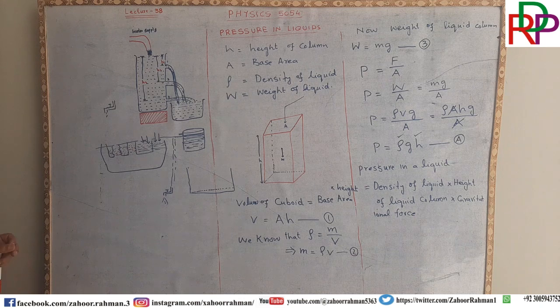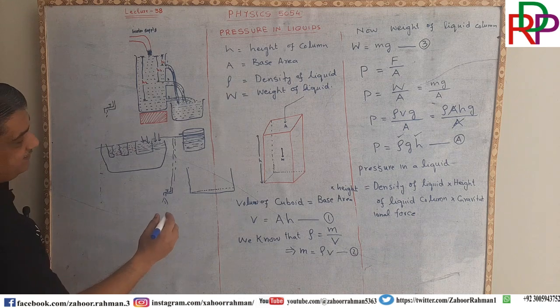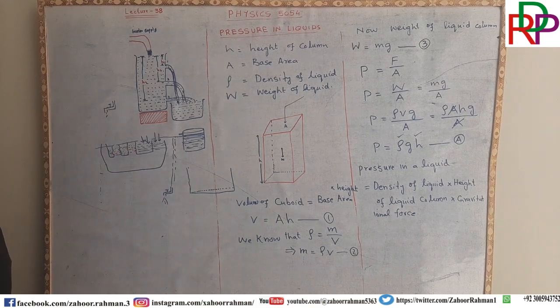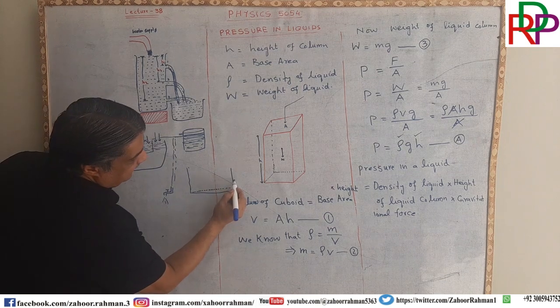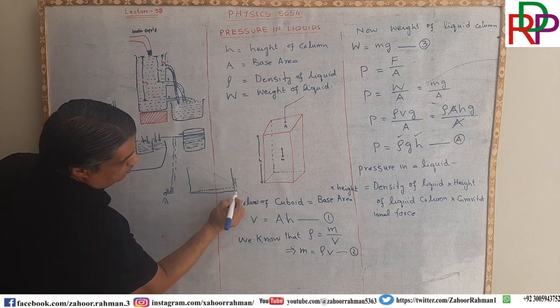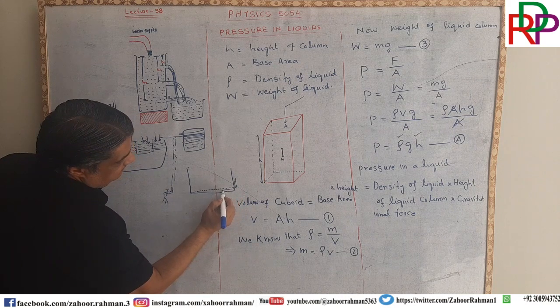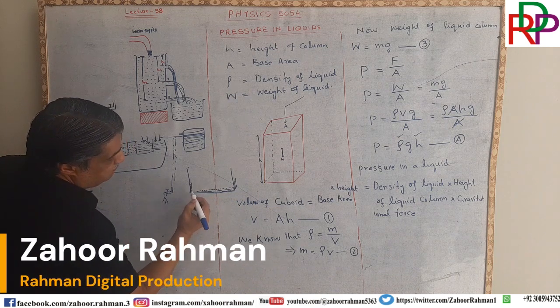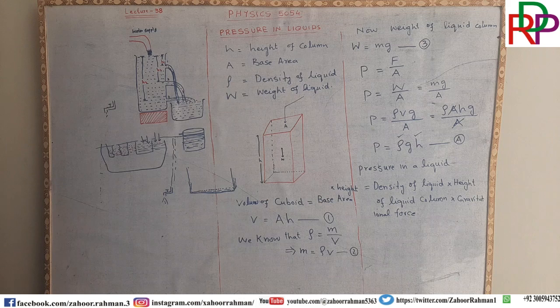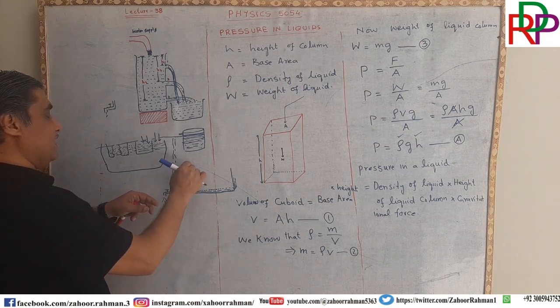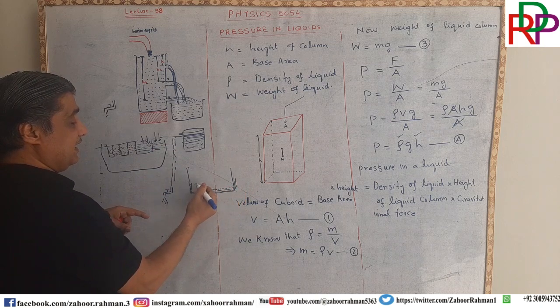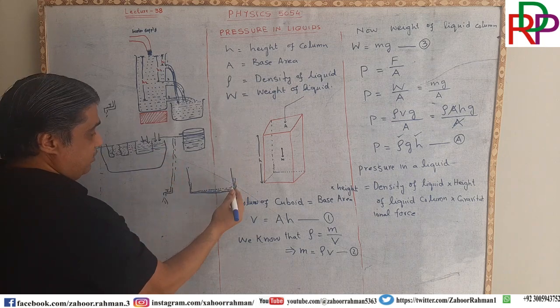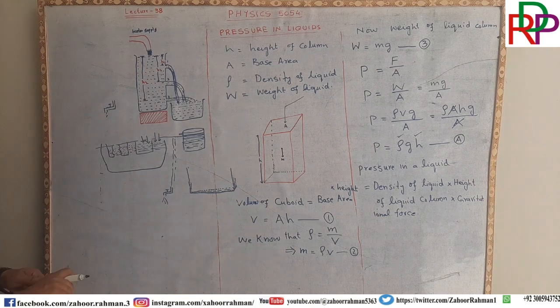There is a pipe level available, and they are putting water inside it, in a small plastic pipe. If they are moving it upward, the water level will also go upward. If they are moving it down, the water level will go down.